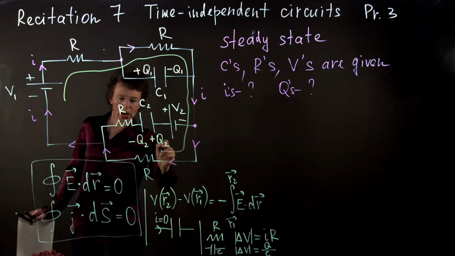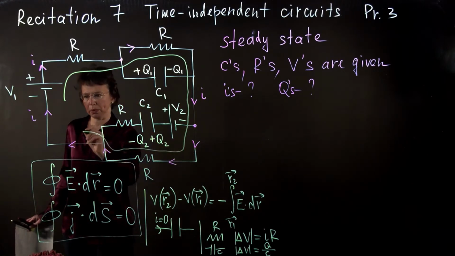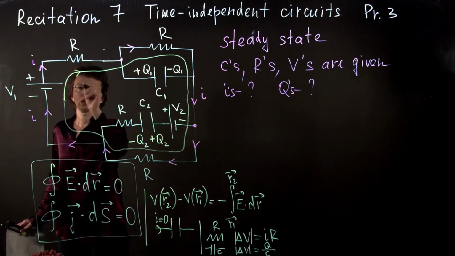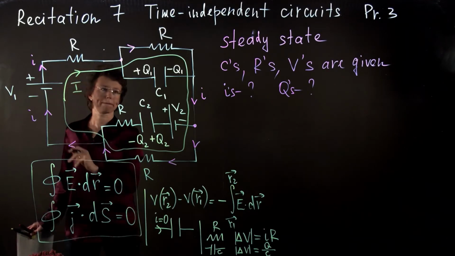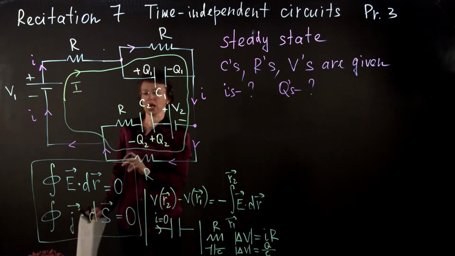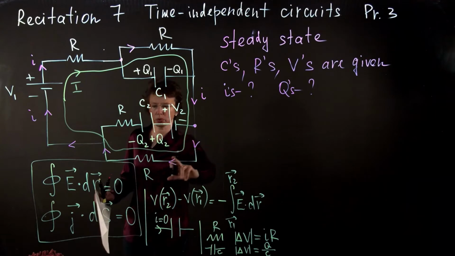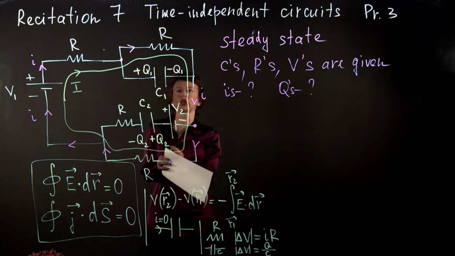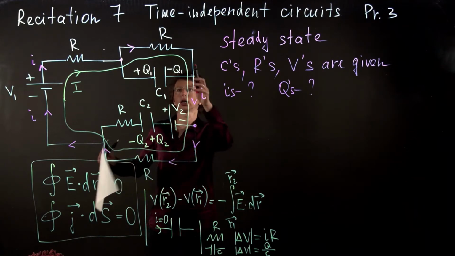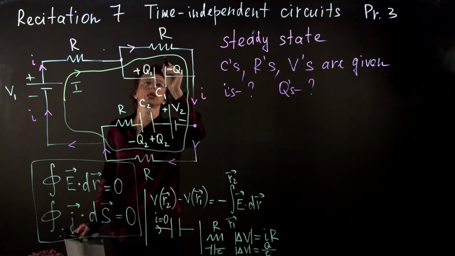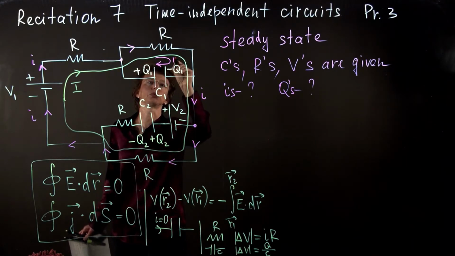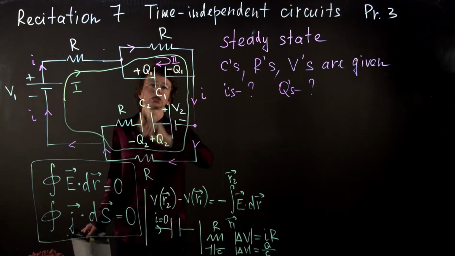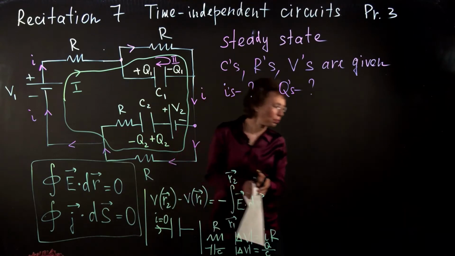My loop 1 will be this. This is loop 1. So this way, and this way. Wonderful. Now I need loop 2. Let's choose this loop as 2. And then I need loop 3.